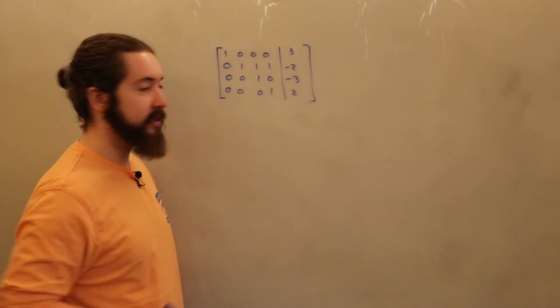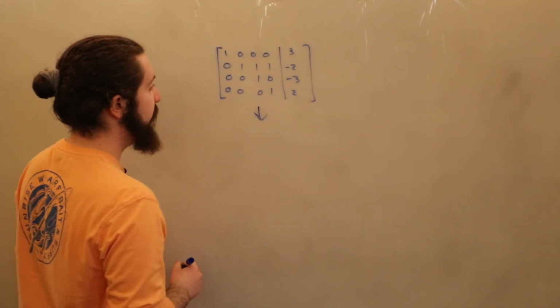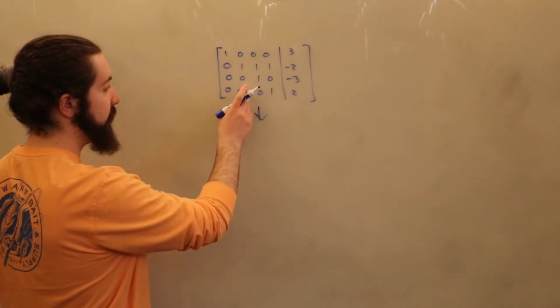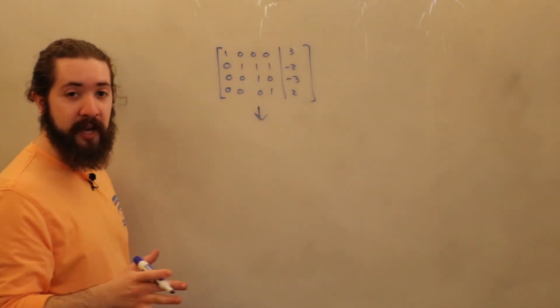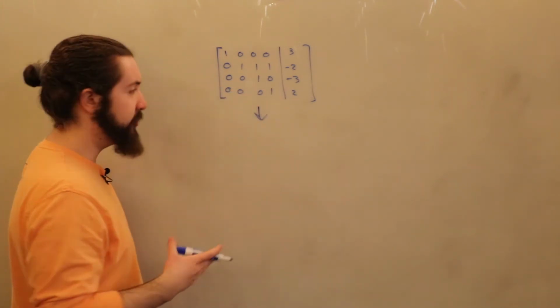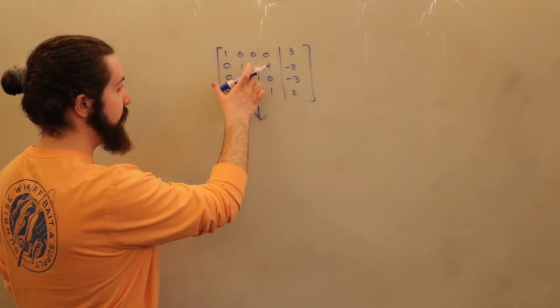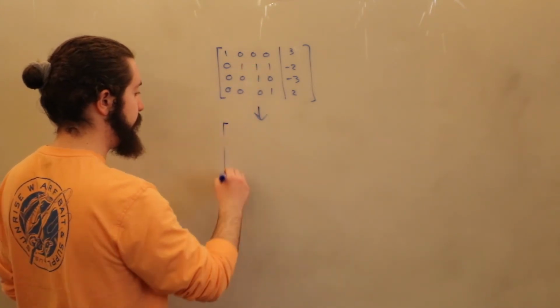I've rewritten our matrix up top here. Let's continue. Next step, we could do Gaussian elimination at this point, but I would rather practice our Gauss-Jordan elimination. So let's take this row and add a negative of it to row 2.